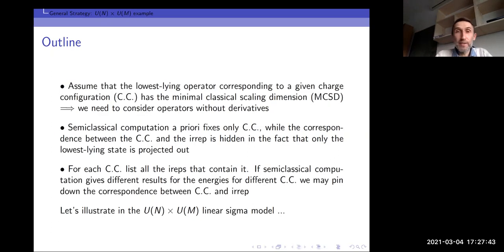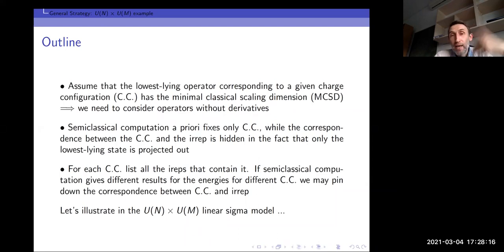Basically, the outline of the strategy is that we are of course assuming that only the lowest-lying operator corresponding to a given charge will be saturated in our computation. So we don't have to consider operators with derivatives. This is, I think, the standard safe assumption to make, in the perturbative regime, where we expect level crossing not to happen.